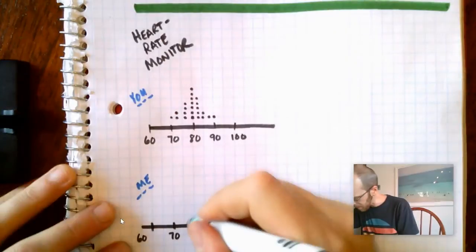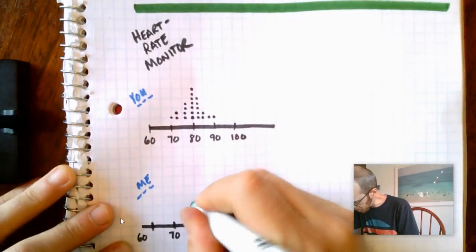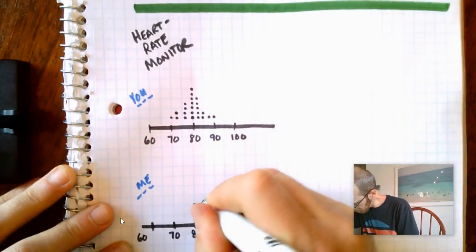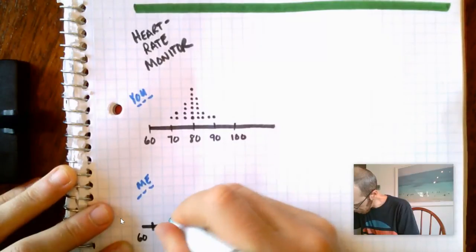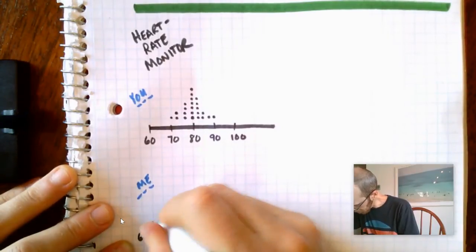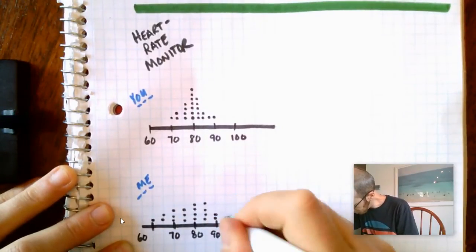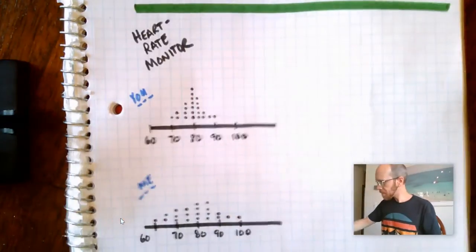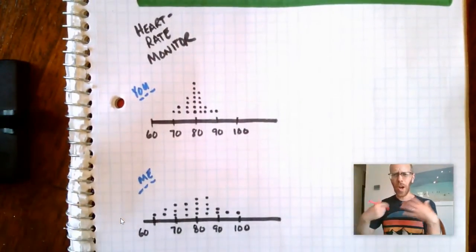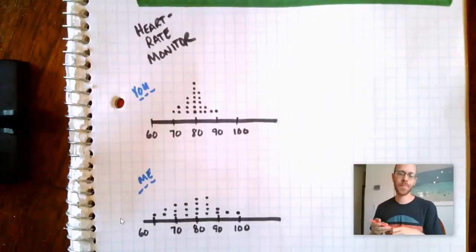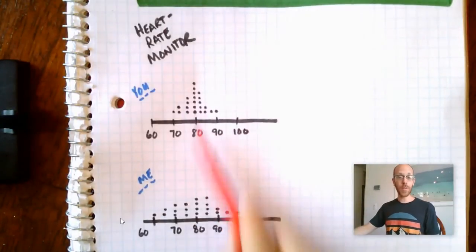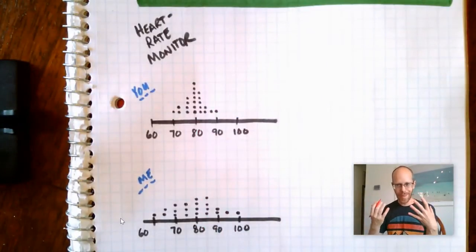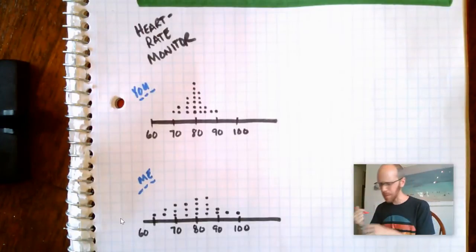And that mine looks something like this. And let's talk about our average heart rates. Well, as I look at this distribution and this distribution, I say you and I, our hearts work about the same way, right?